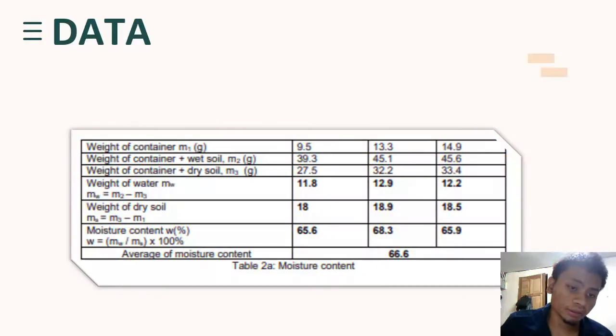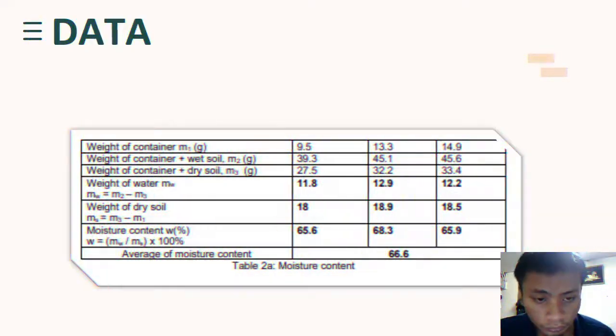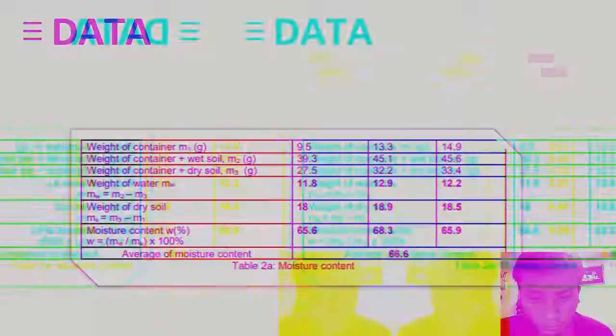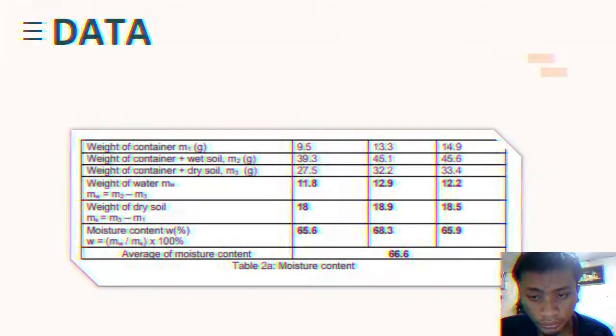For the last data, it is about moisture content. First, the weight of container: we have 9.5, 13.3, and 14.9. The weight of container plus wet soil equals 39.3, the second is 45.1, and the last is 45.6.